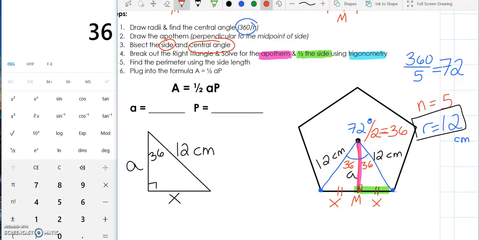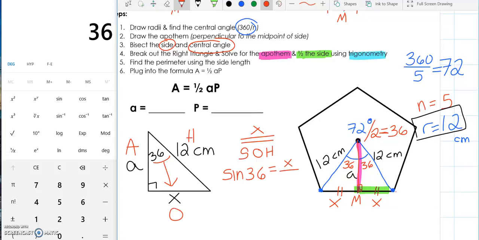I'm going to use trig. I'm going to start with the x. So 36 degrees is my reference angle. Here's my opposite side. My A is my adjacent side, and the 12 is my hypotenuse. So if I'm solving for the x, that's my opposite, I need to use the hypotenuse, so I'm using SOH. I'm going to do sine of 36 equals the opposite side of x over the hypotenuse of 12.